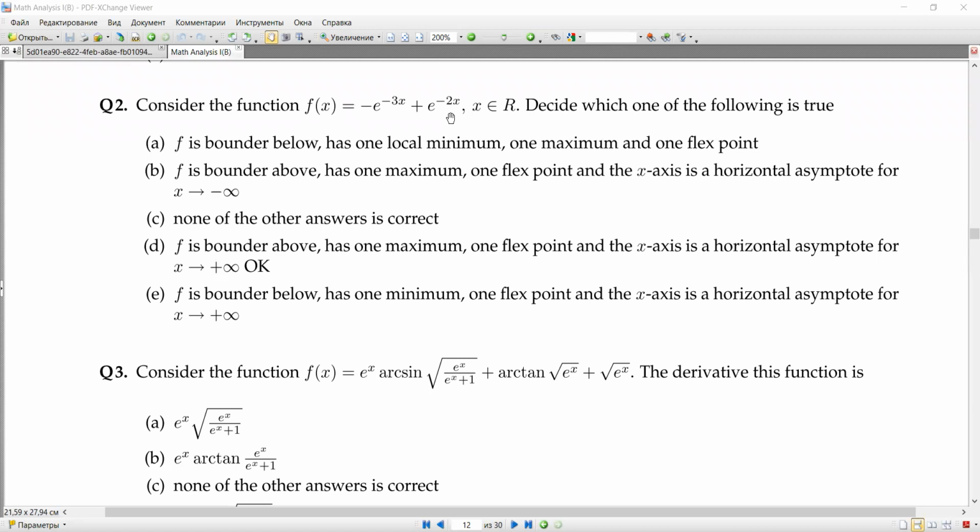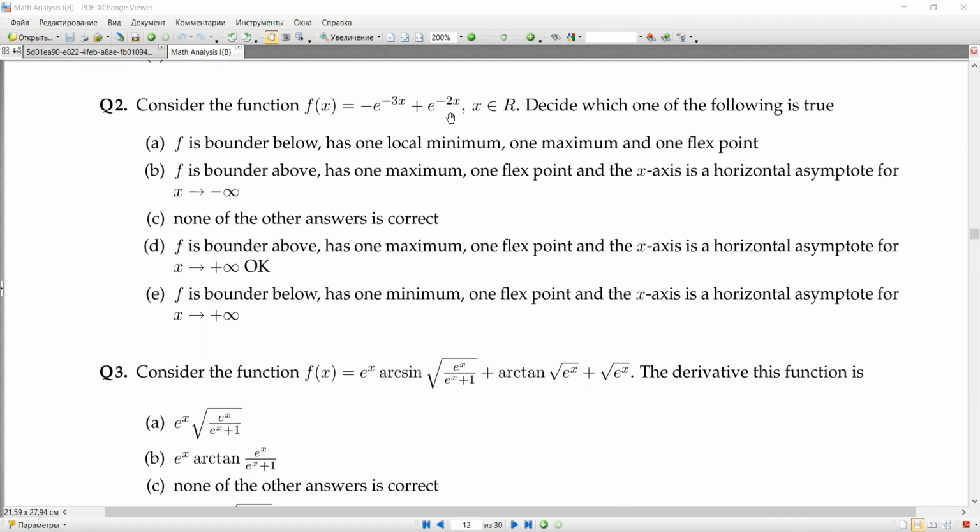Next answer here is I think the limit of this function is 0. Okay, so the limit here, does it tend to 0 or plus infinity? Tends to 0, yeah. So when x tends to plus infinity, that's why it will be a horizontal asymptote.